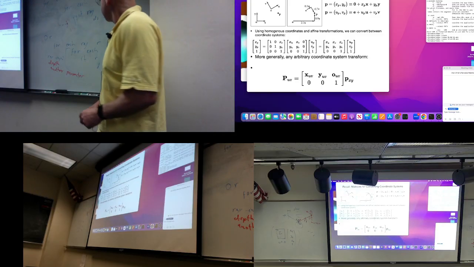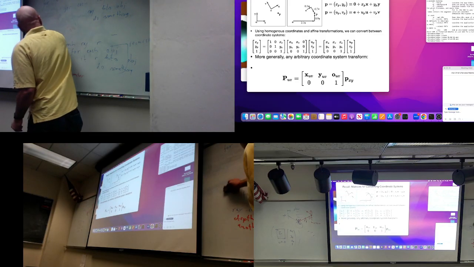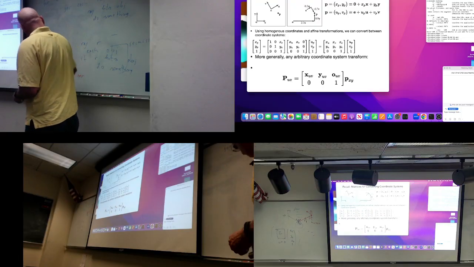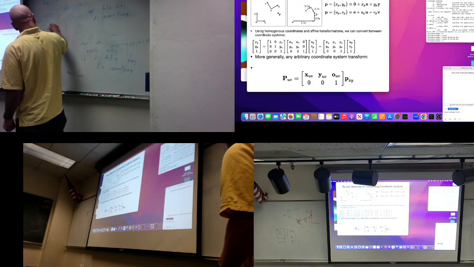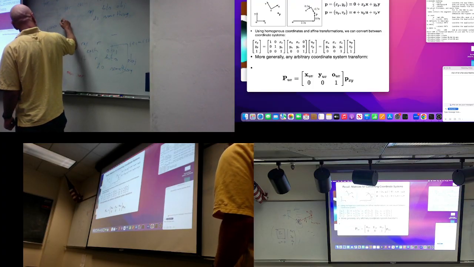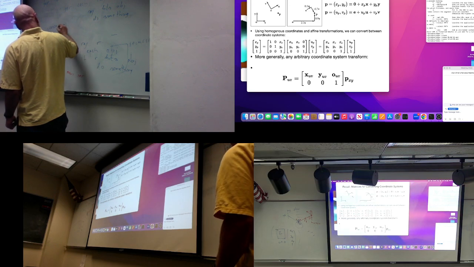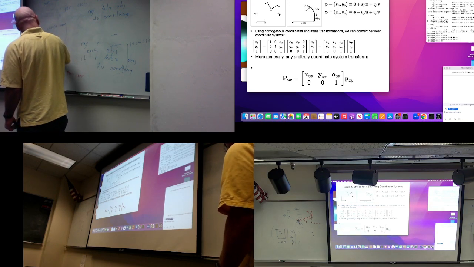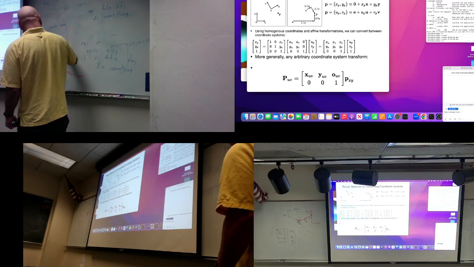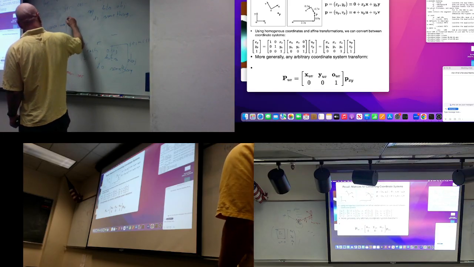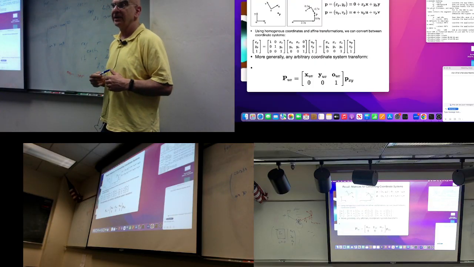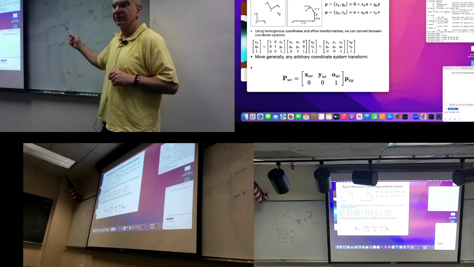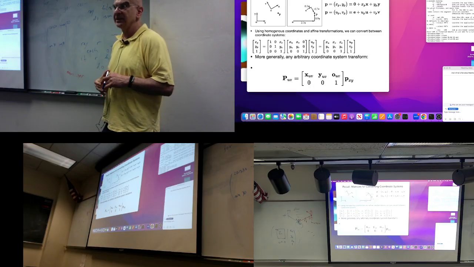In the homework, I had cosine 30, minus sine of 30, sine of 30, cosine of 30, all of it to the power of 20. Please calculate the result of this matrix.